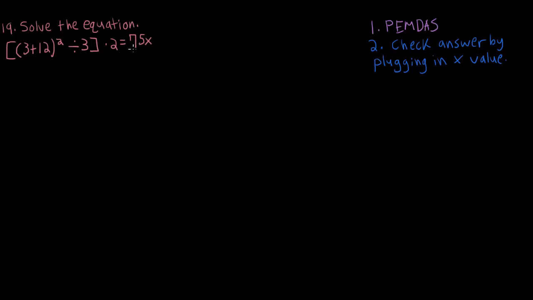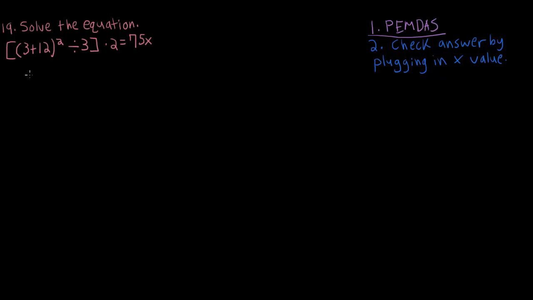Solve the equation. In brackets you have (3 plus 12) in parentheses to the 2nd power divided by 3, bracket closes, times 2 equals 75x. First step, PEMDAS: parentheses, exponents, multiplication, division, addition, subtraction.